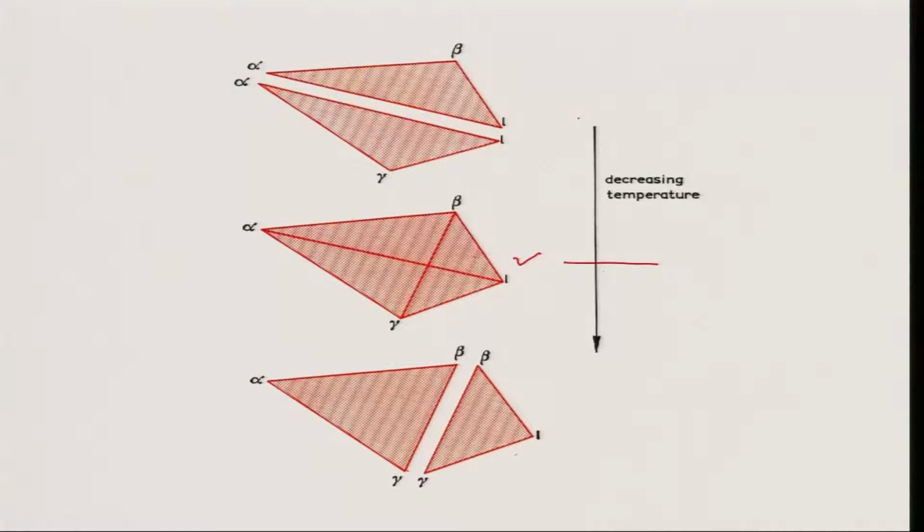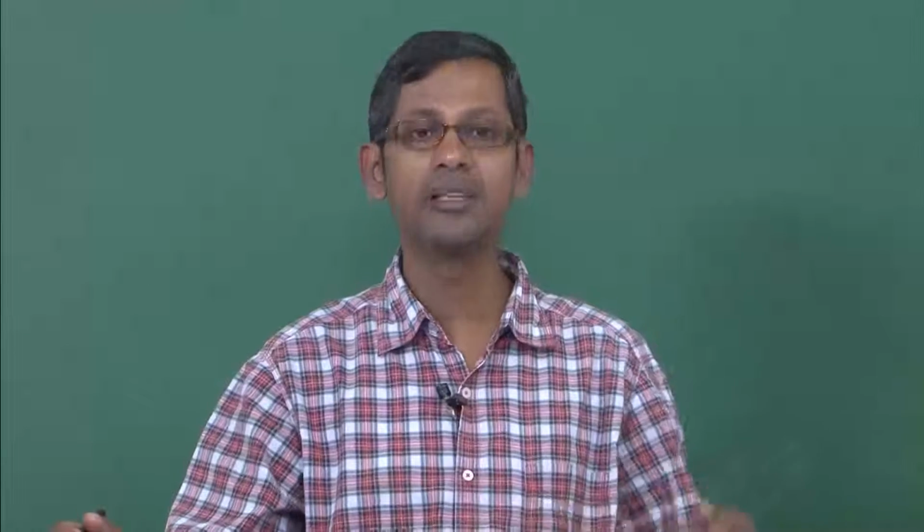Basically, liquid plus alpha going to beta is a monovariant peritectic reaction in a ternary system. Ternary has 3 components and 3 phases present. So, C minus P plus 1, C is 3, P is 3, they cancel and 1 will remain. So, degrees of freedom will be 1. In this case, liquid reacts with some primary alpha and forms the beta, and this reaction, the formation of beta by reaction between liquid and alpha, continues till it reaches the ternary quasi-peritectic plane.